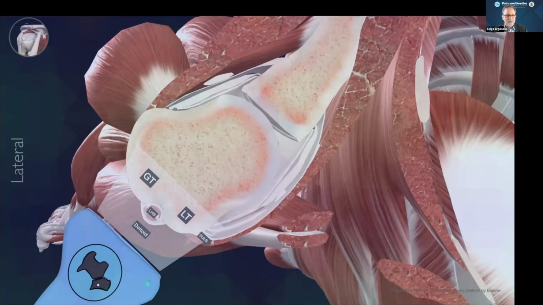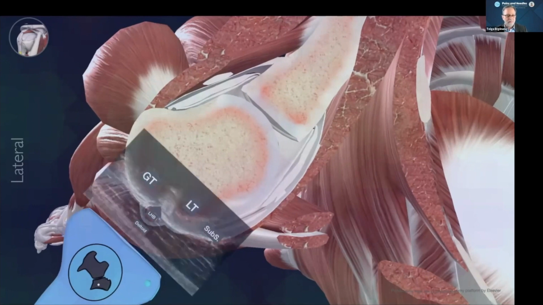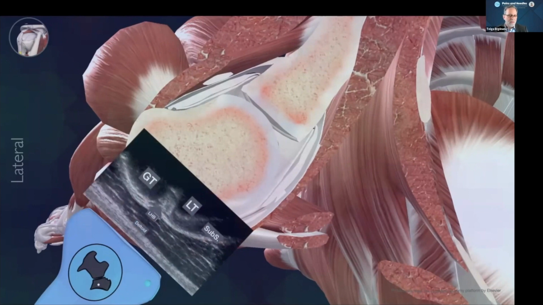This is the sonogram of the anterior shoulder. You can clearly see the long head of the biceps on the sonogram, with its perfect shape transposed to the anatomic structure. It's an easy way to learn ultrasound-guided interventional procedures.